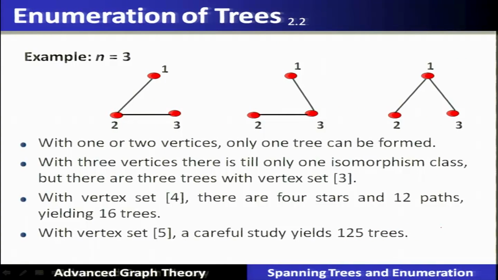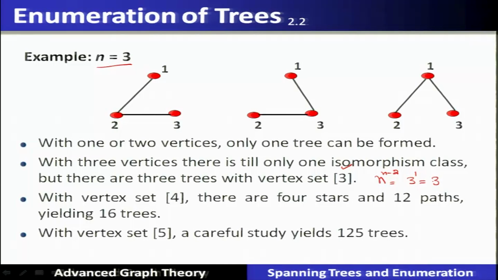Now, using Cayley's formula we can see that if there are 3 vertices labeled 1, 2, 3, how many different trees are possible? 3 raised to the power 1, that is 3 different trees.